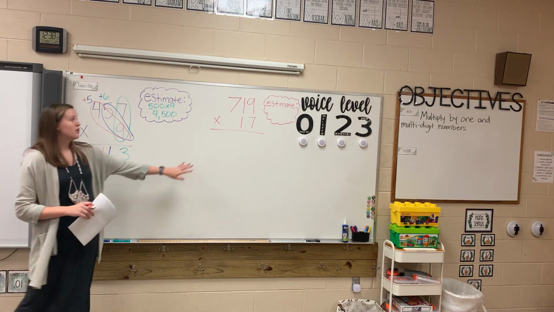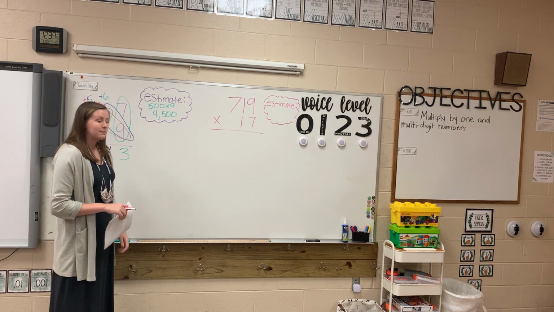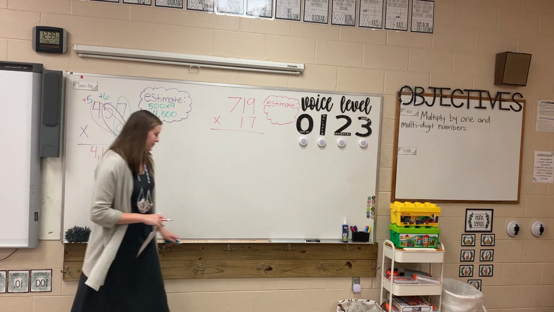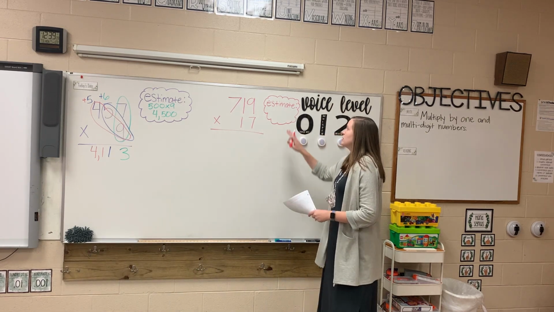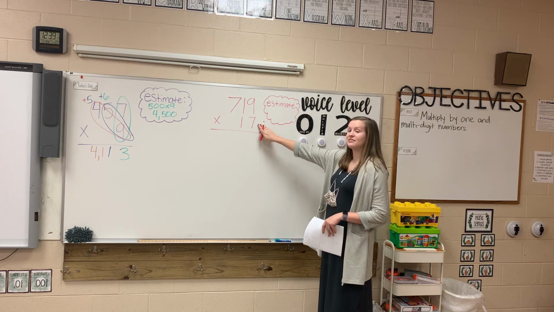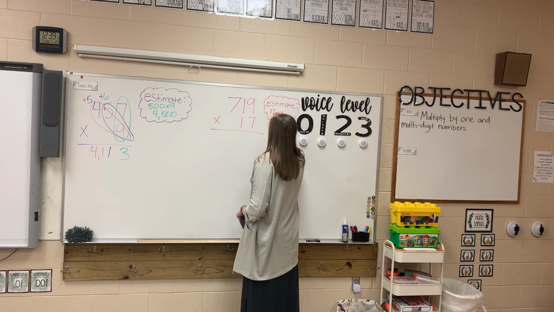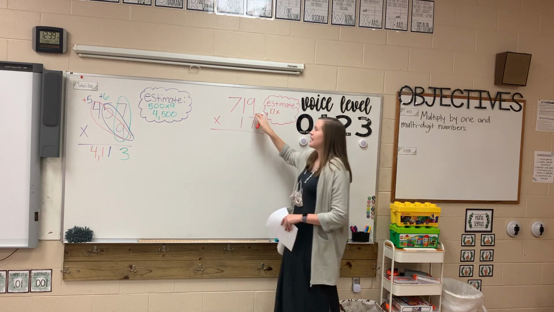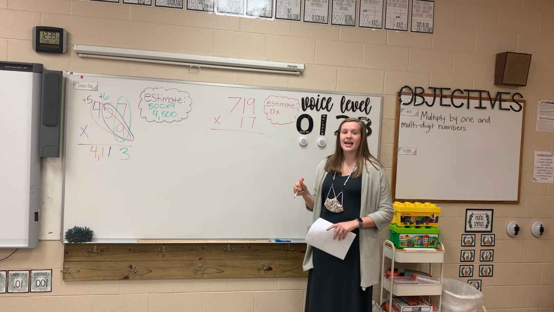We're going to move on to multiplying by 2-digit numbers. We're going to estimate, and then we're going to multiply, just like we did with the 1-digit number. So, in order to get our estimate, I'm going to have 17. We're going to round the 719 either down to 700 or up to 800.